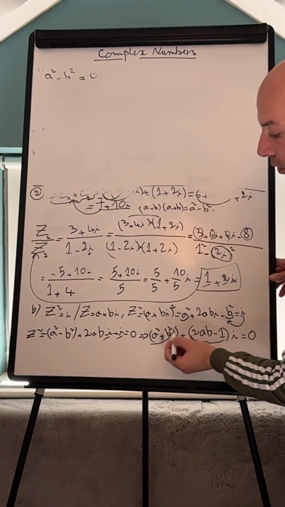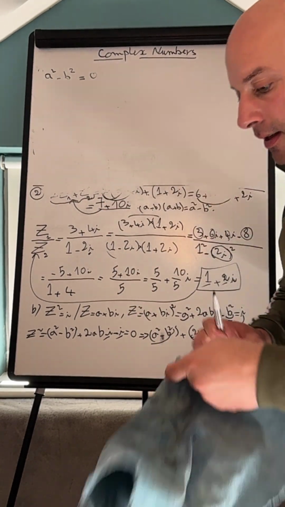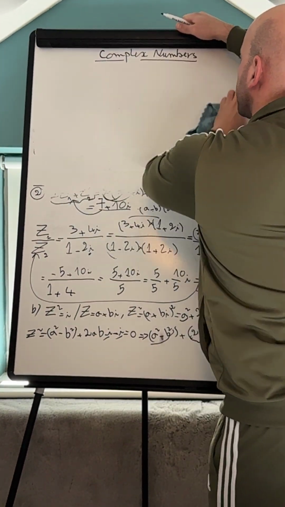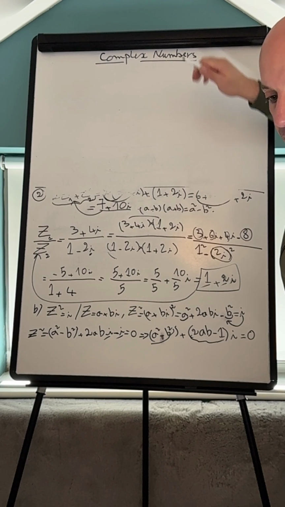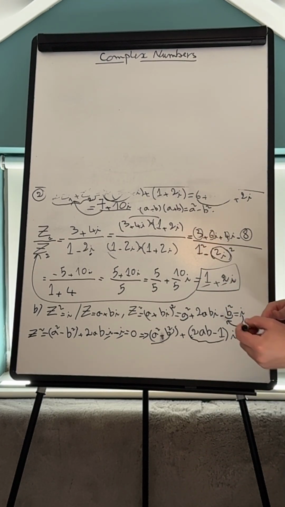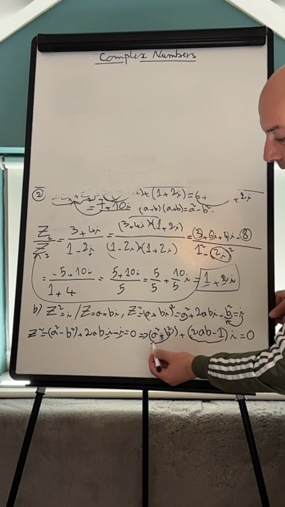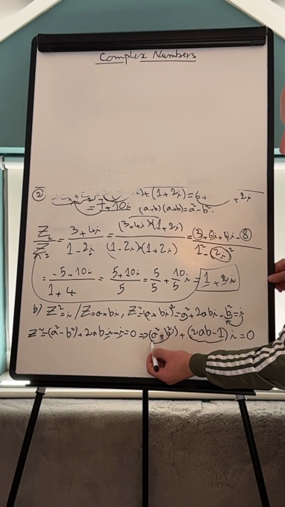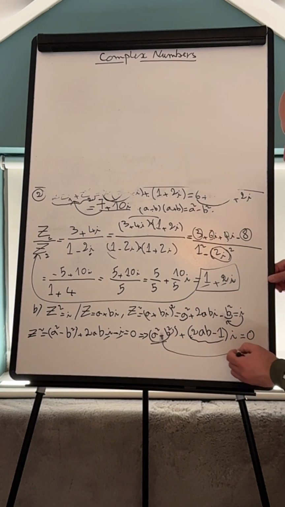Basically, if you've got a complex number, where the first part is a real number plus an imaginary number, equals 0, that means the real part equals 0 and the imaginary part equals 0. This is our equation here.